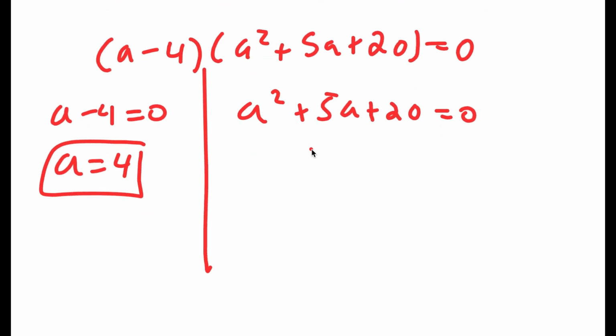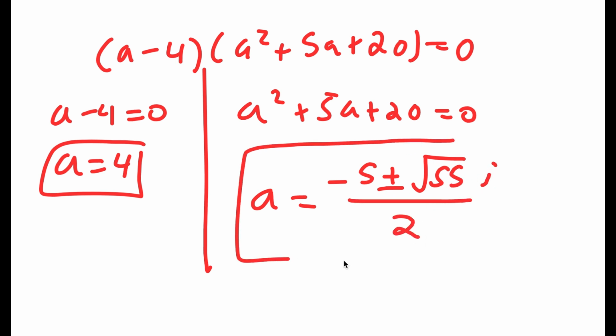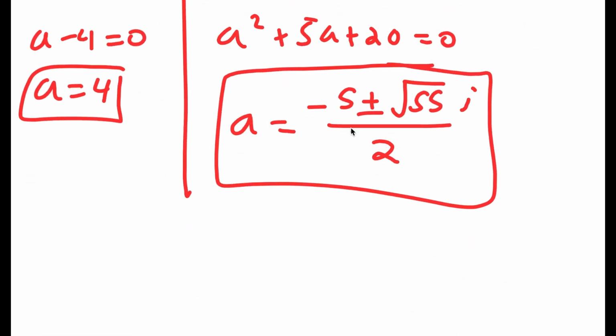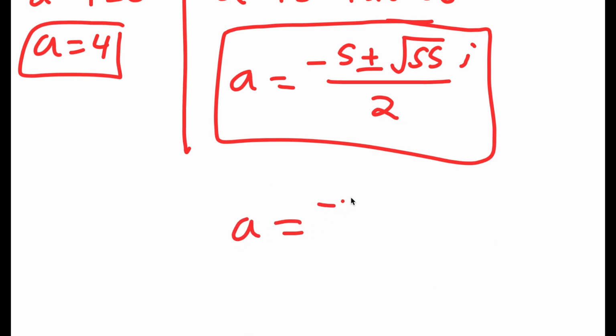I'm going to use the quadratic formula, but I'm actually not going to waste your time by actually doing it. So if you do end up doing it, you get that a is equal to negative 5 plus or minus the square root of 55i over 2. Actually, what you should get is a equals negative 5 plus or minus the square root of negative 55 over 2.